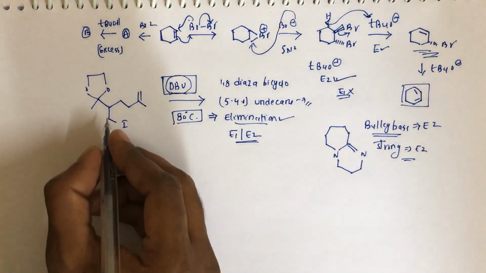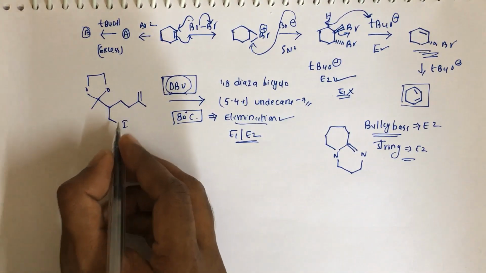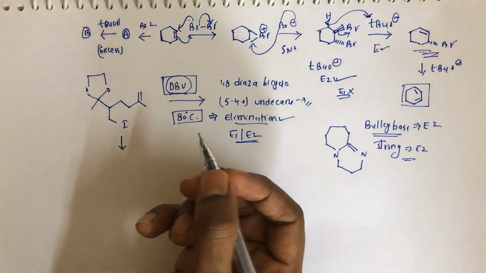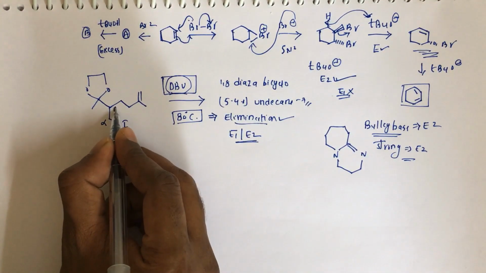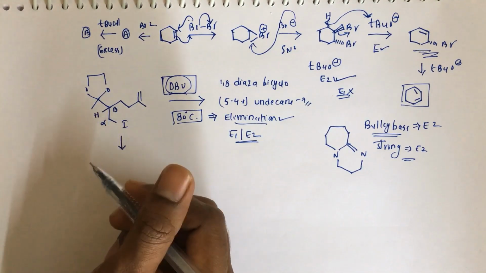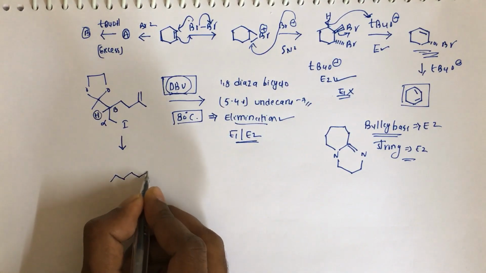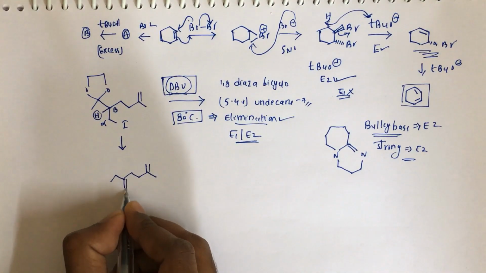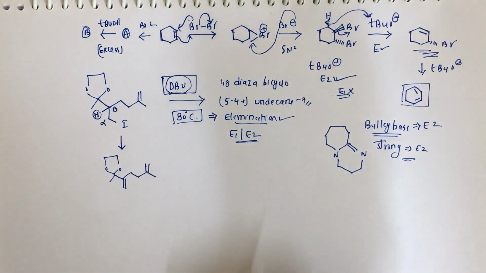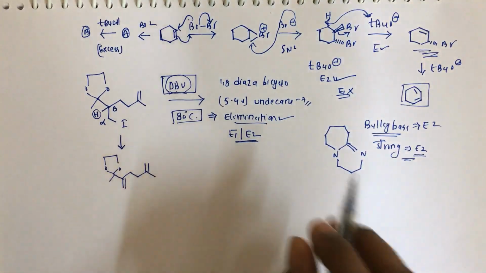Even though here we have an alkyl halide like this, this is alpha and this is beta. The hydrogen at the beta position is present, so this DBU abstracts this hydrogen, and this is the product we'll get here. So just remember that since DBU is a bulky base, it prefers E2 elimination over E1 elimination.